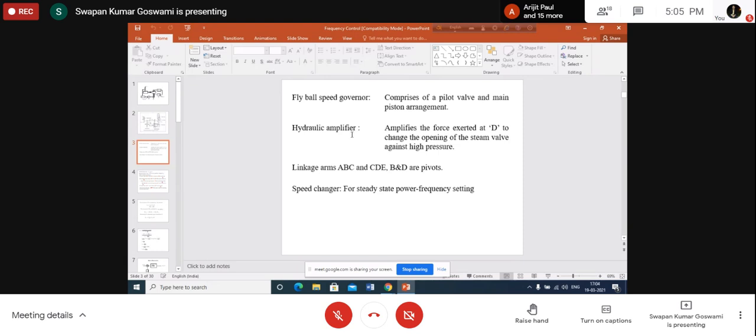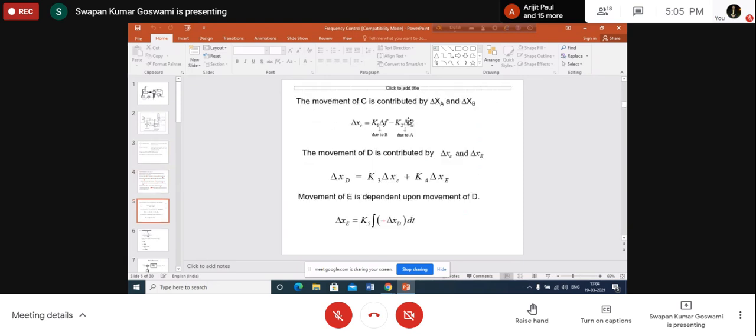That explains why K2 delta PC represents the change in the position of A. And it is negative because a positive movement of A creates a negative movement of C, and since we are writing the equation in terms of the positive movement of C, there will be a negative movement of A.